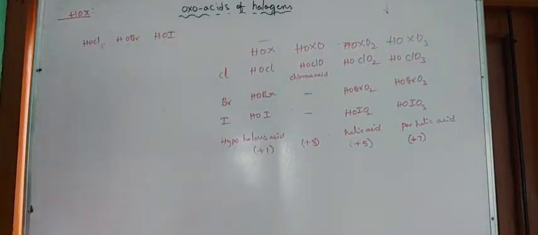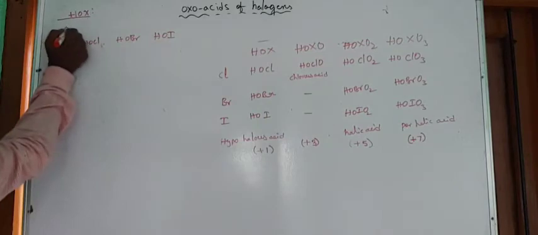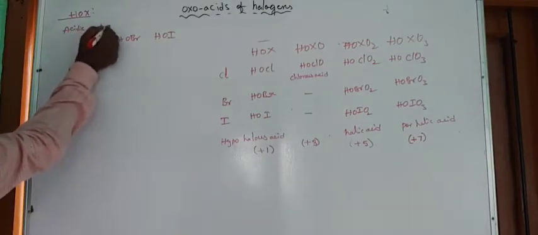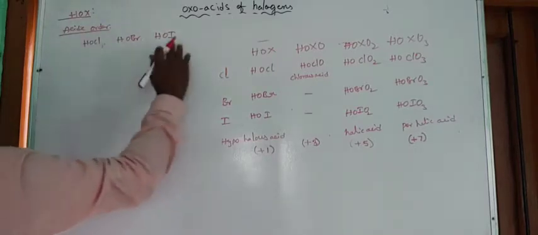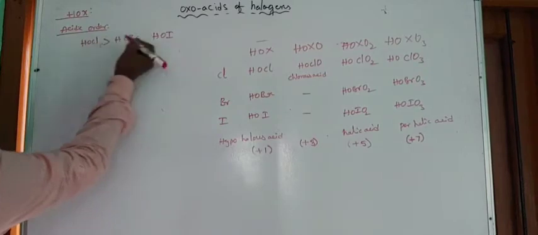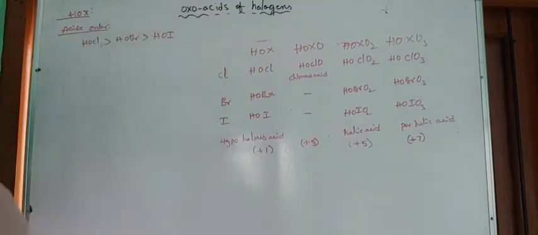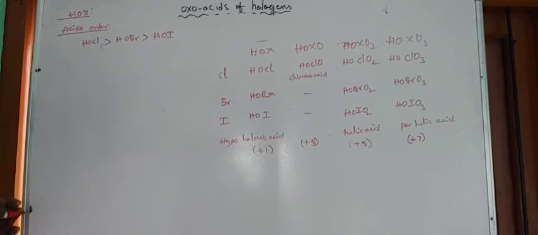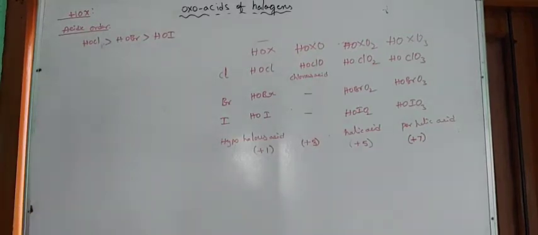So first let us see the acidic character, acidic order of all these acids. Here HOCl is stronger than HOBr, stronger than HOI. So from HOCl to HOI, acidic strength decreases. Acidic strength of the hypohalous acids decreases.